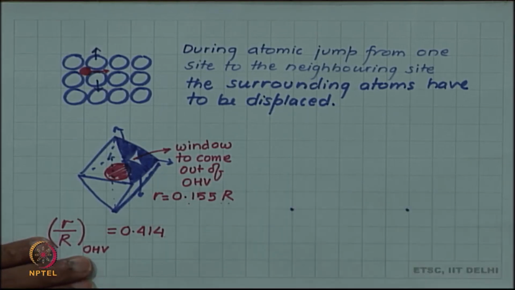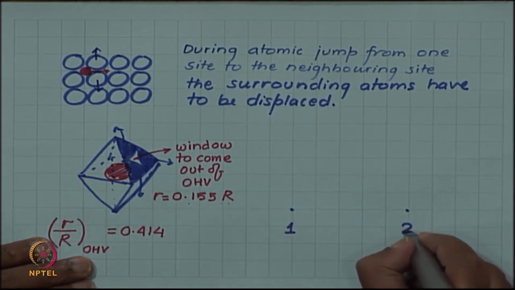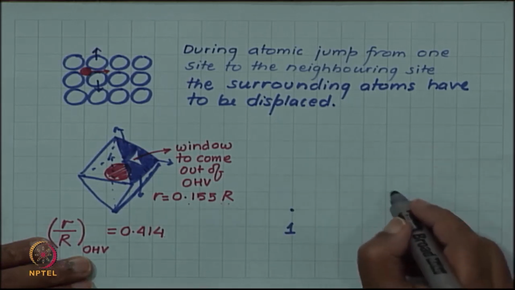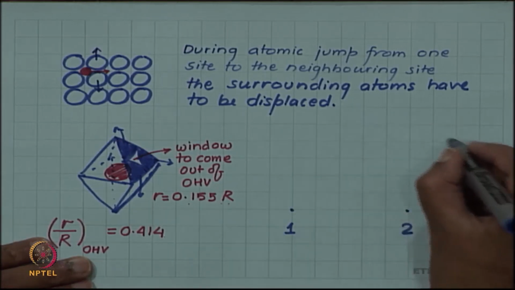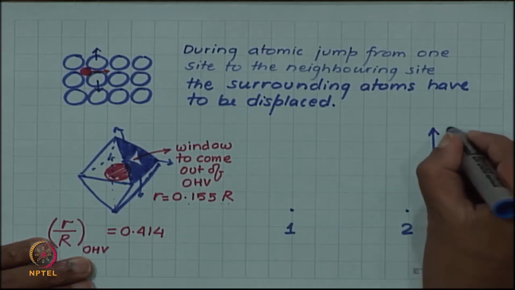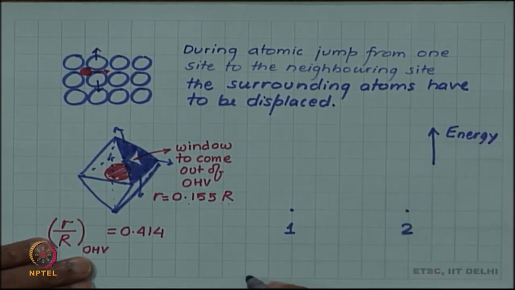Let us call this interstitial site 1 and this a neighboring interstitial site, and the y axis is energy, and this is position.